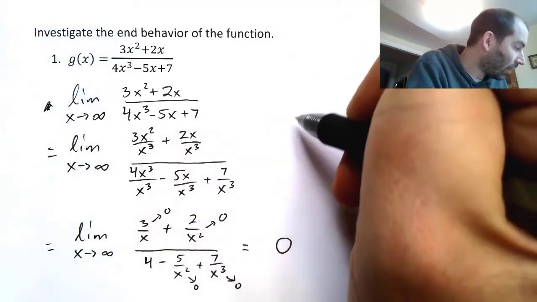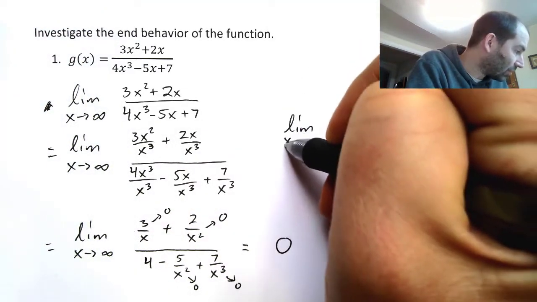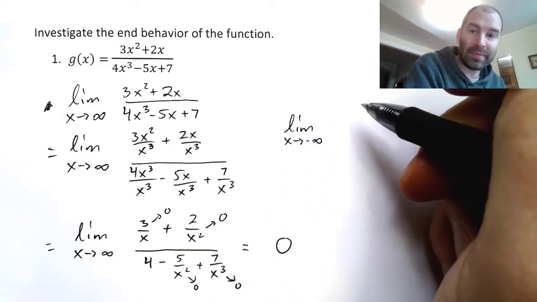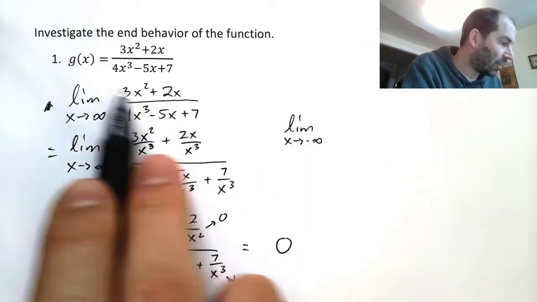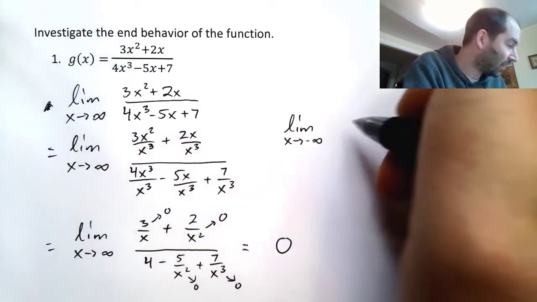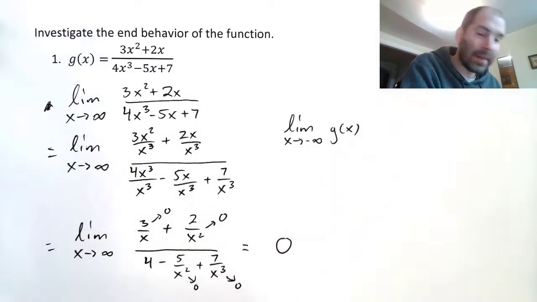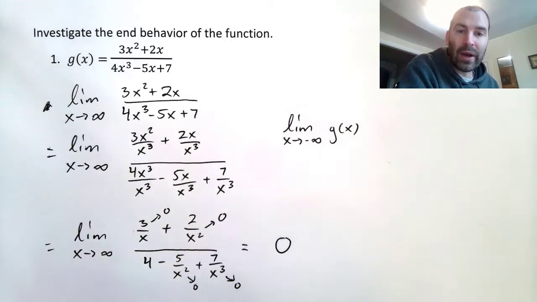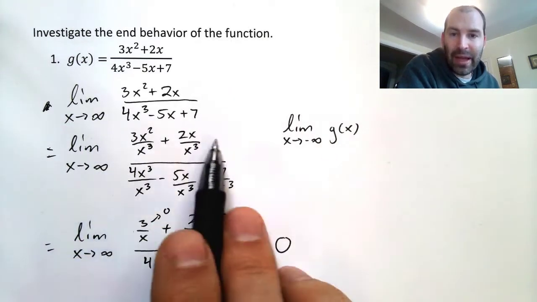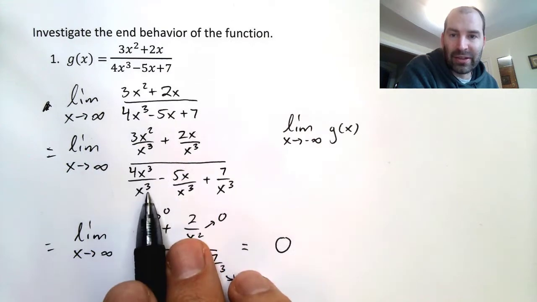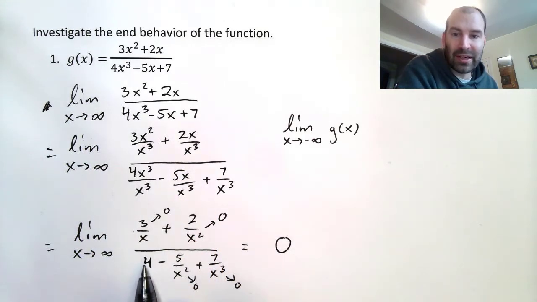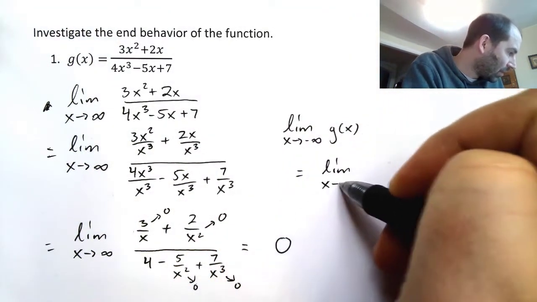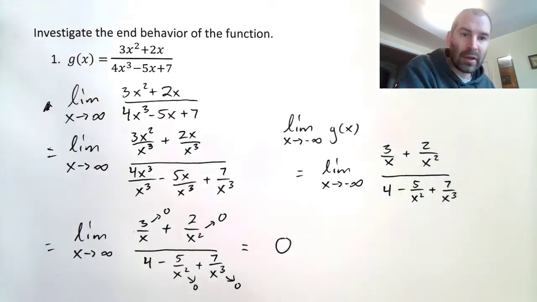Now, what about the limit as x goes to negative infinity? Instead of writing this whole expression in here, I'm just going to abbreviate it by g of x because it means the same thing. So we're going to go to negative infinity here. I'm going to do exactly the same thing. I divide through by x cubed, and I come to this.